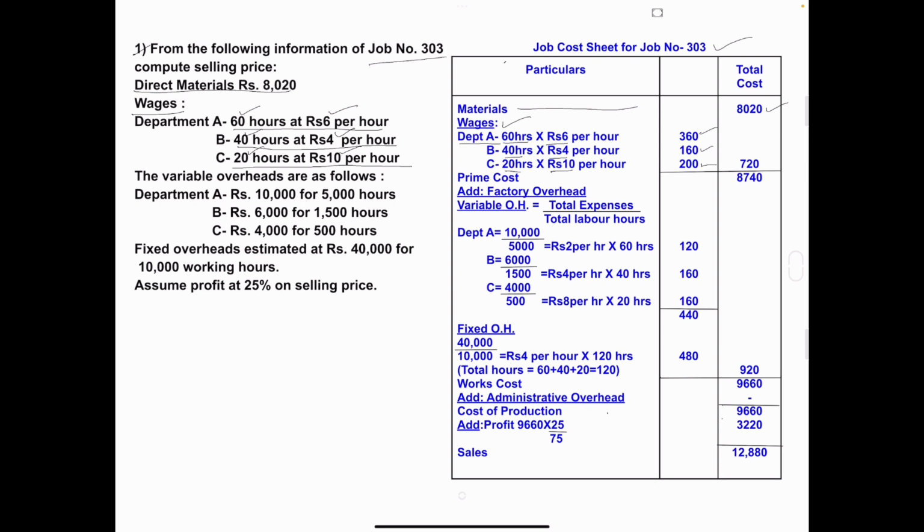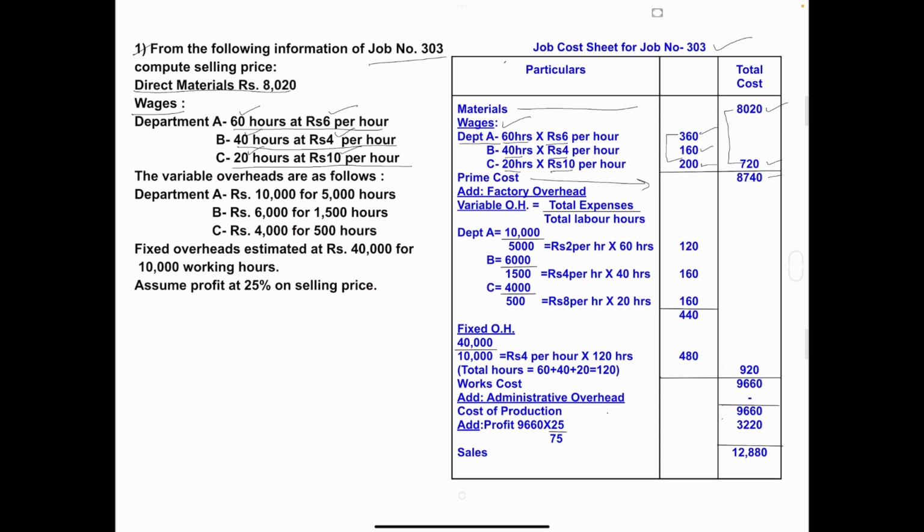Add these three: 360 plus 160 plus 200 and the total amount is 720. Add these two amounts, 8020 plus 720, and the total is 8740. This is called prime cost.